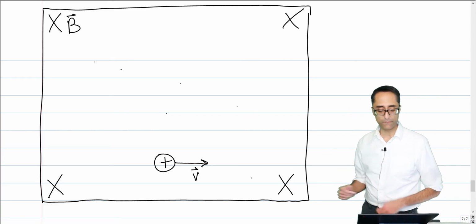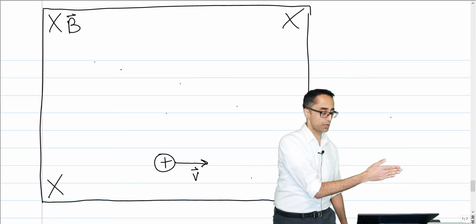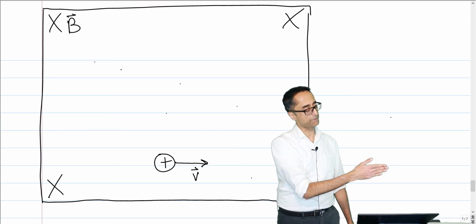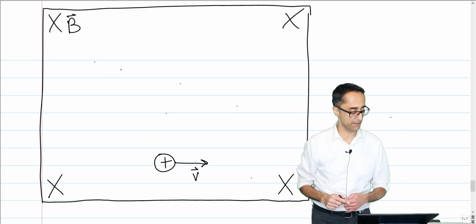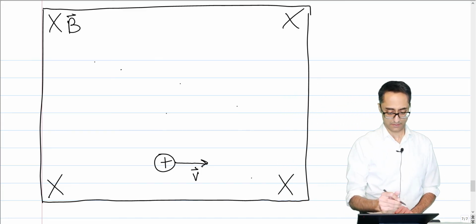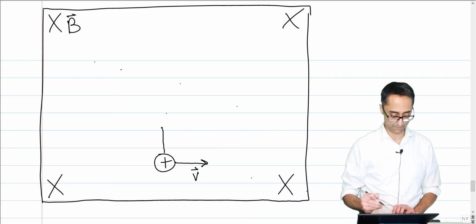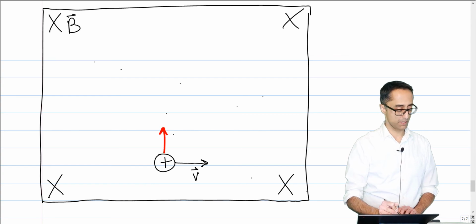And so if we have our velocity in this direction, and we have the magnetic field going into the page, then my force should be up. Okay, that looks great. So force is up. In fact, let's make that one red. This is the force on the charged particle due to the magnetic field.